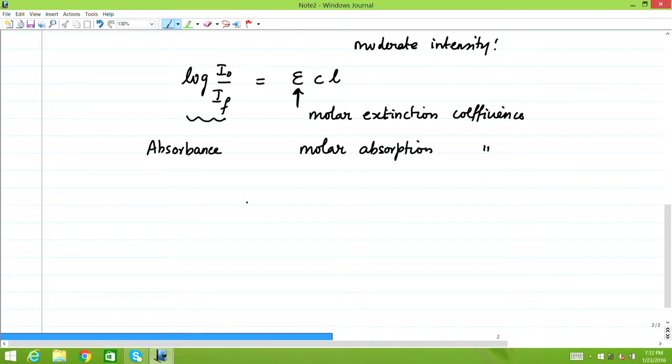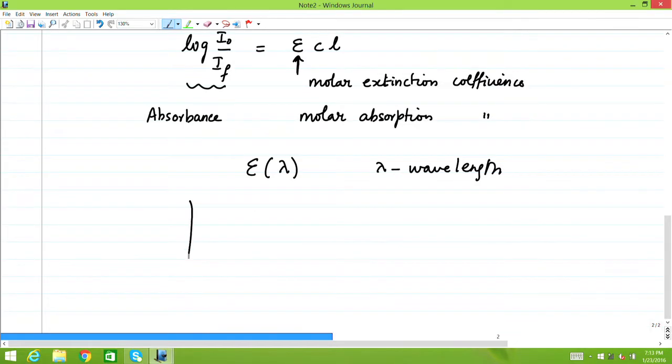And one important thing is that this epsilon is actually a function of the wavelength of light, lambda being the wavelength. So, typically if a species absorbs light as a function of lambda and you write epsilon as a function of lambda, you choose that value of epsilon for which the absorption is the maximum.